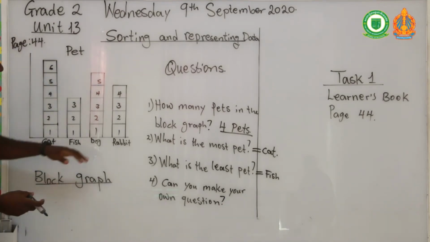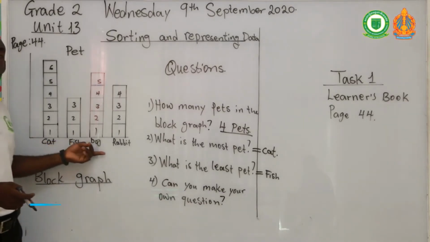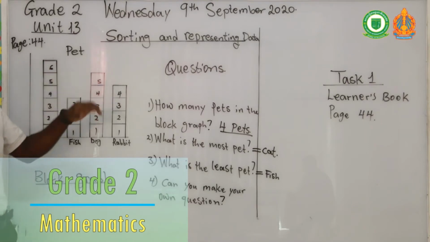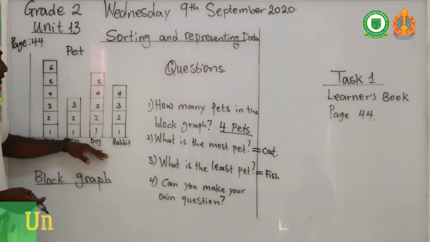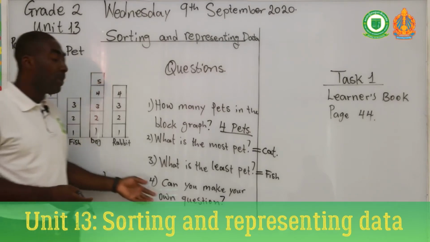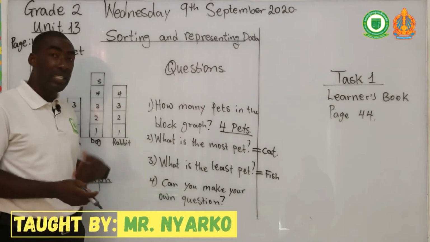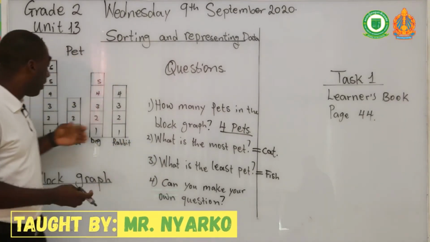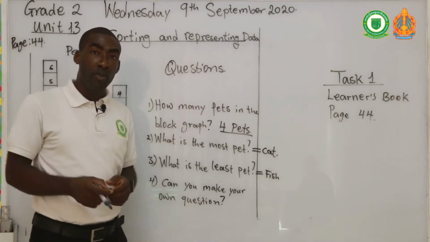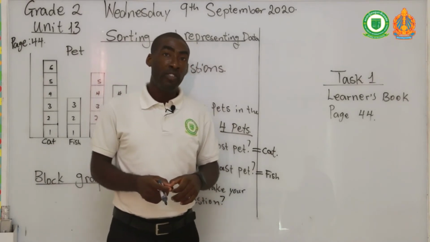I can say, can we find the difference between that of the cats and the dogs? So that means we are finding the difference. The difference will be 1 because the number of dogs here are 5, whereas cats are 6. So this can be one of the questions that you can make on your own about finding the difference between cats and that of the dog. Okay, so make more of your questions. That will help you to also get more ideas for your first activity.